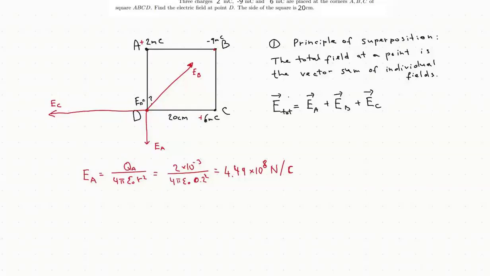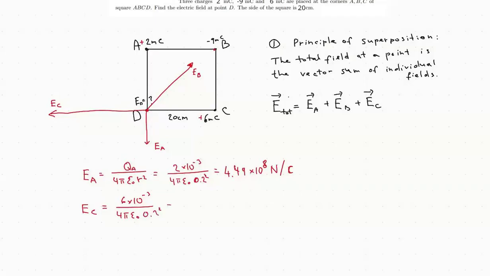Okay. Now EC, it's easier to calculate, but we already know it's going to be 3 times. Let's confirm that. So it's going to be QC. So that's going to be 6 times 10 to the minus 3 divided by 4 pi epsilon naught multiplied by 0.2 squared.